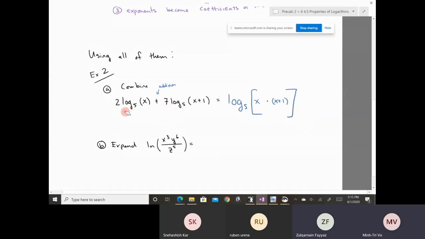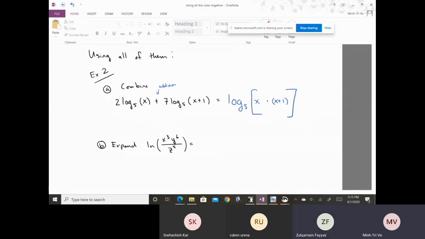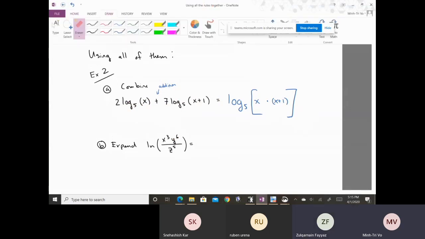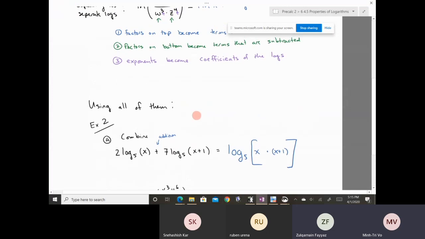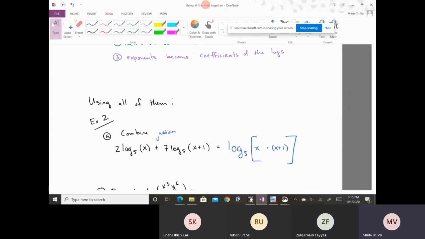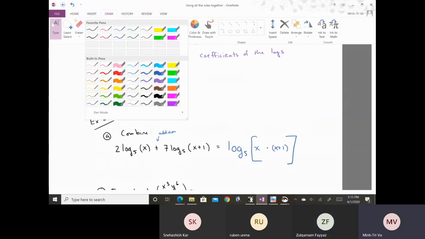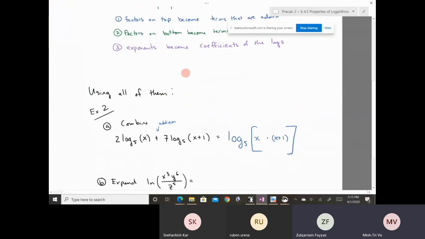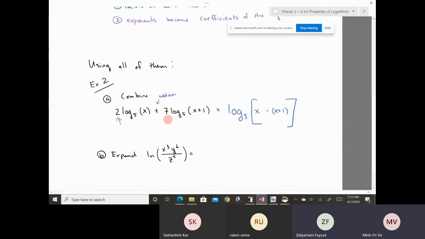And then let me use a different color. What should I do for the coefficients? What did I use before? Green? No, purple. So what should I do for the coefficients? The coefficient 2 was for the x. So coefficients turn to powers, right? So this 2 goes here, and this 7 is the power for x plus 1. So that goes here.